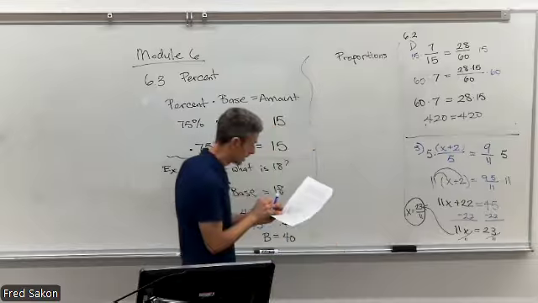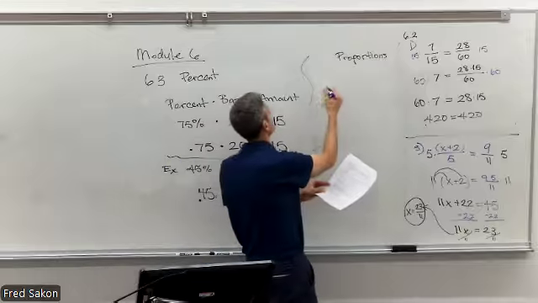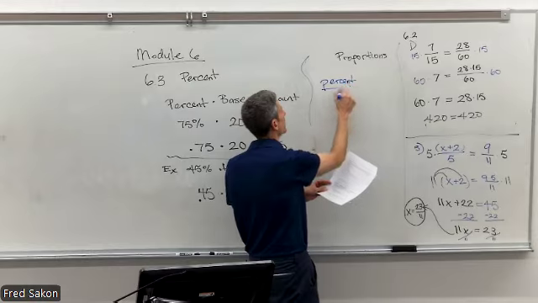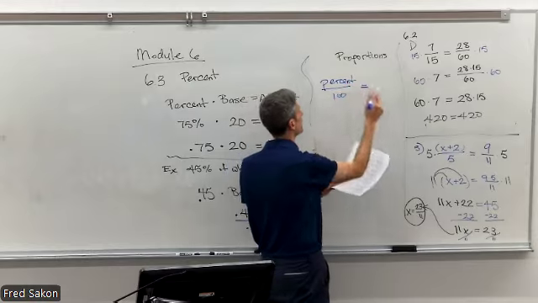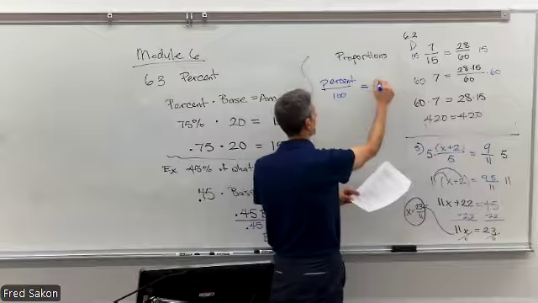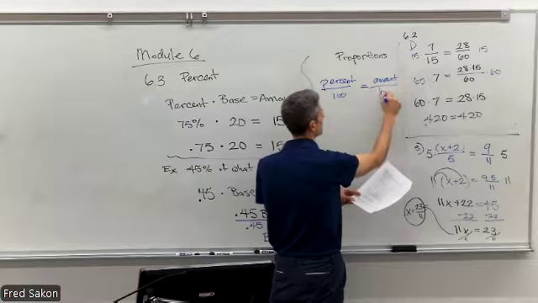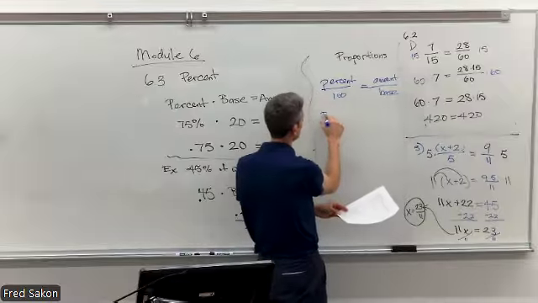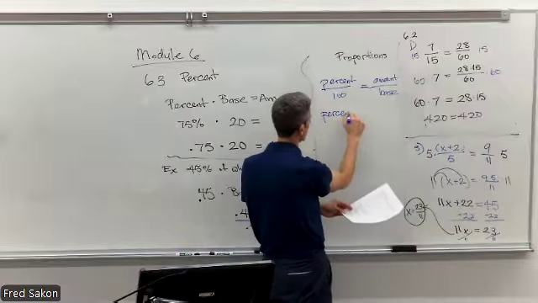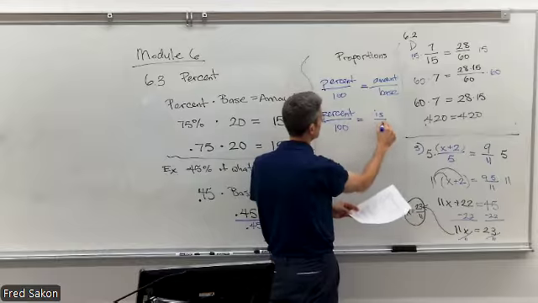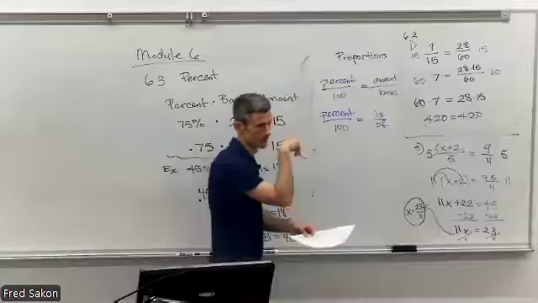For a lot of percent problems, it makes sense to read them off as blank percent over 100 equal the amount over the base. And you may have at some point even heard is over of equal percent over 100.